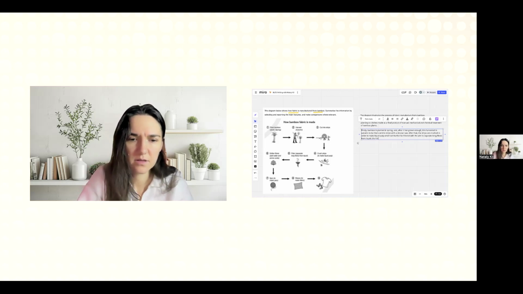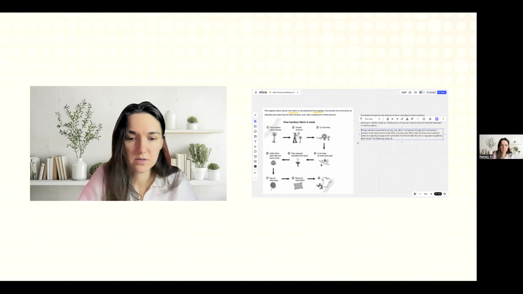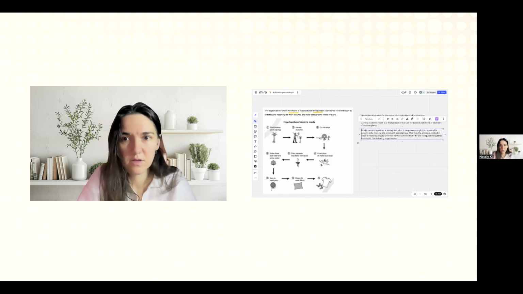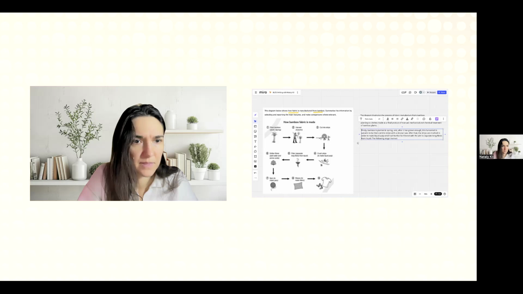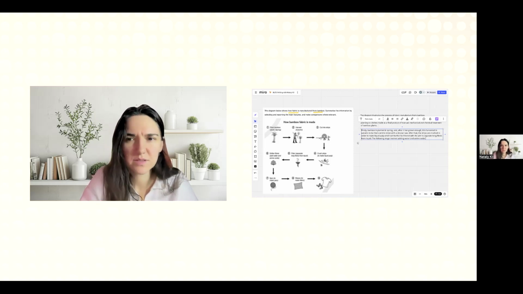The following stage involves adding water and this chemical. I'm not sure whether it is a solution, but maybe it's a solution.